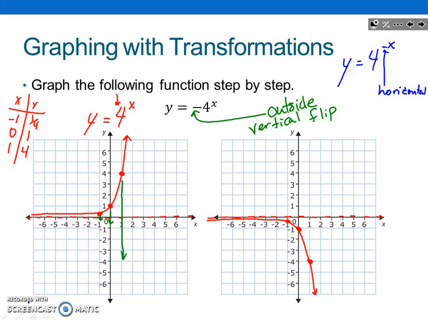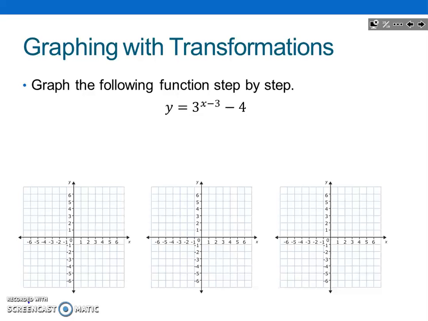Okay? So I think we've got one more function that we need to graph here. And it's a multi-step one. Okay, remember with our multi-step ones, we want to go inside, out. So that means I'm going to start with my parent function, y equals 3 to the x. Then I want to do the shift that's on the inside.